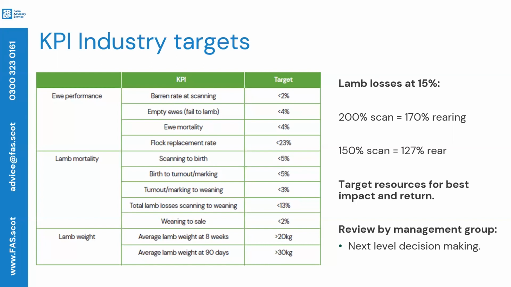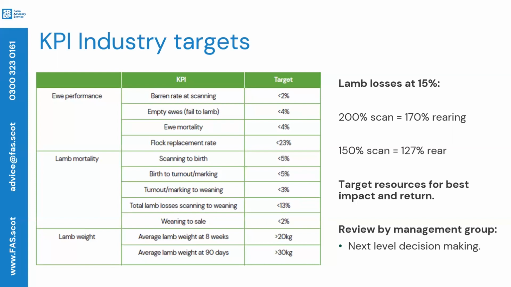And finally, I think this is one thing that some people quite often get wrong when they're looking at KPIs, which is what is meant by losing 15% when you're working on numbers over 100. For example, quite often people would see if they drop from a 200% scan to 170% rear, and they would say, I've lost 30%. No, you haven't. There's a 30% increment drop, but actually that would be a 15% lamb loss.